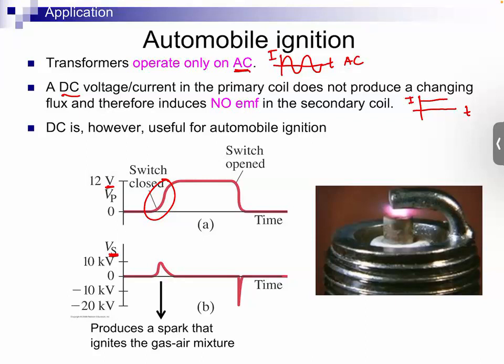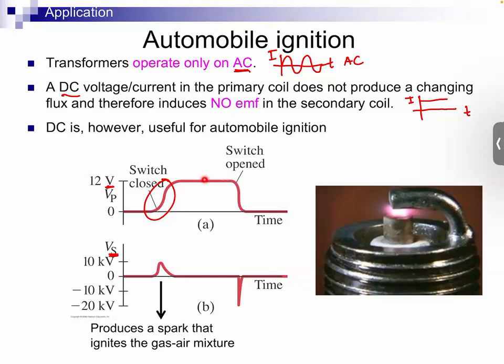So a direct current can also make a transformer work, but only at certain times. It's only during the turn on or turn off process where the voltage changes drastically that you have an induced voltage created in the secondary coil.